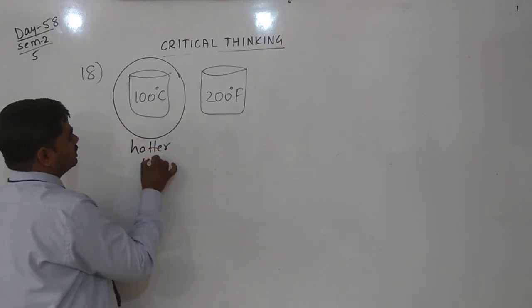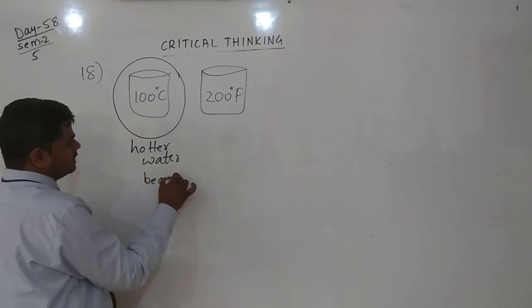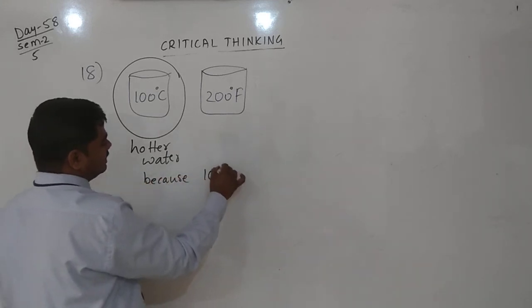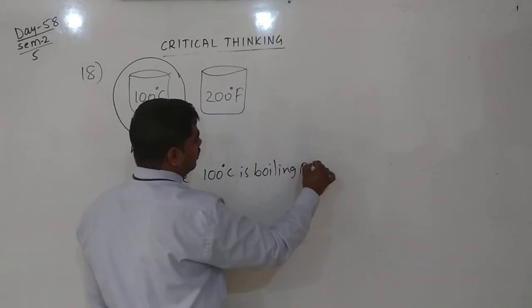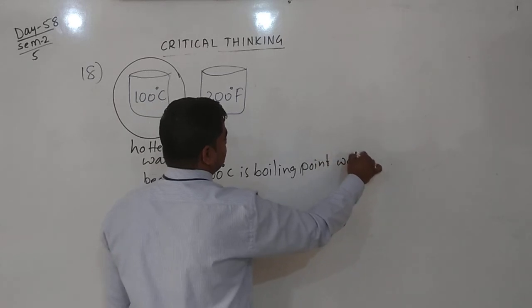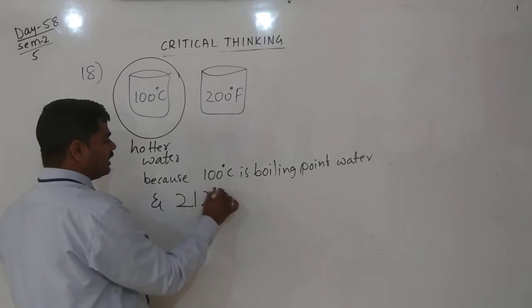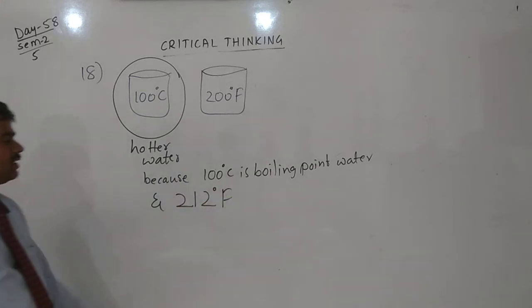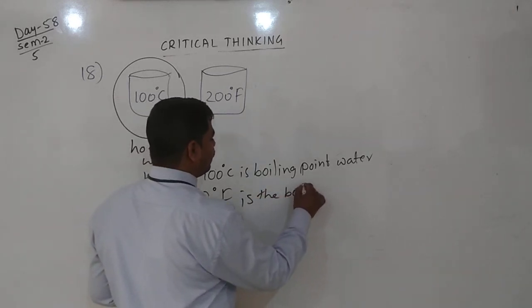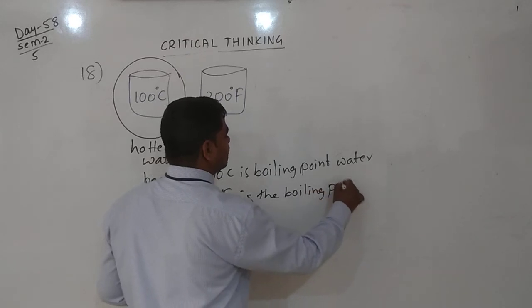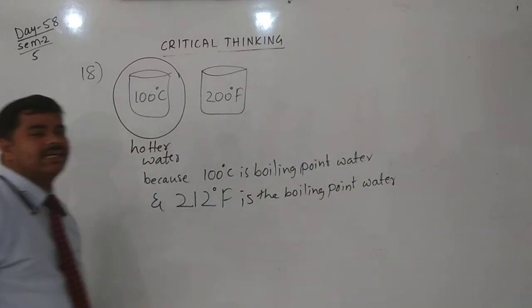Why is it hotter? Because we know that 100 degrees Celsius is the boiling point of water. And 212 degree Fahrenheit is the boiling point of water in the Fahrenheit scale. But what is given? 200 degree Fahrenheit.